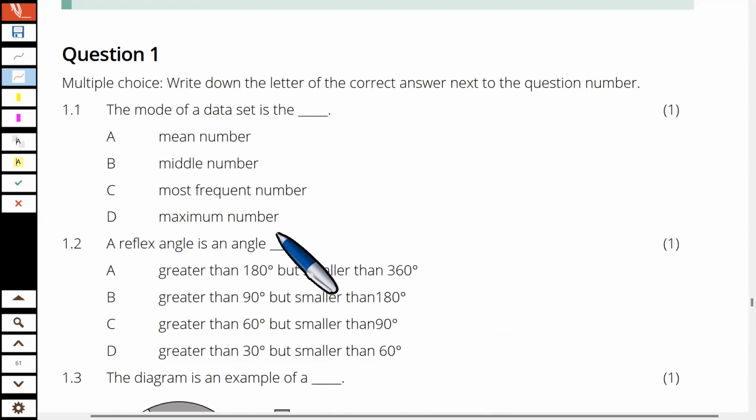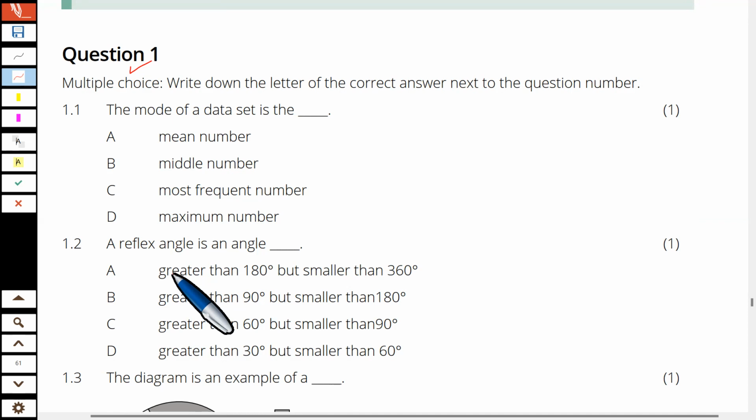There are more questions we're going to be looking at, but obviously we're practicing to master the whole syllabus for grade 7 mathematics. These are still multiple choice, and then we shall look at long questions where we calculate. So we learn both multiple choice and the long questions. Write down the letter of the correct answer next to the correct number.